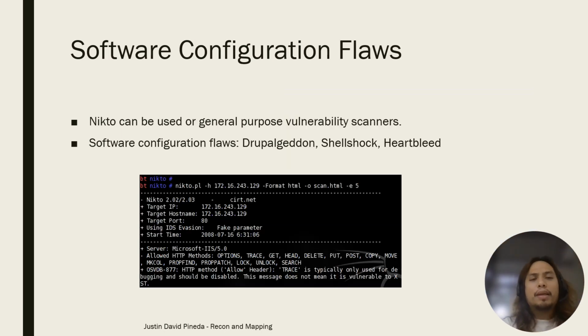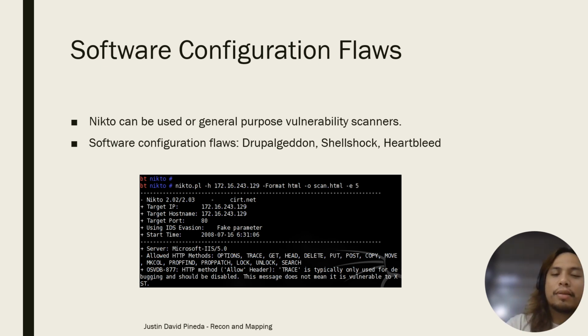And last would be software configuration flaws. For software configuration flaws, we want to make sure that we check the common configuration problems of the application. Okay, so you will get common problems like HTTP methods.